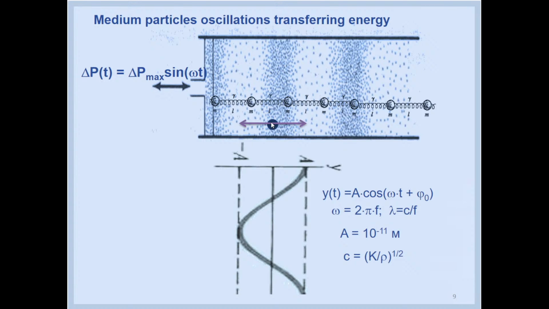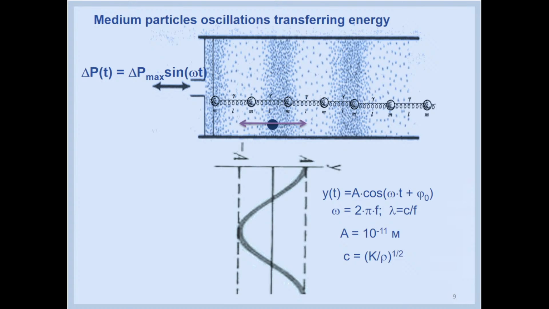And this is done with the same frequency as the frequency of the oscillation of the piston. So that is why we can see the example of two forced oscillations: the forced oscillations of the piston and the forced oscillations of the particles of the air filling the cylinder.